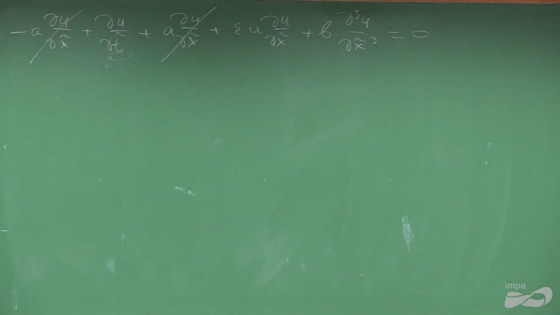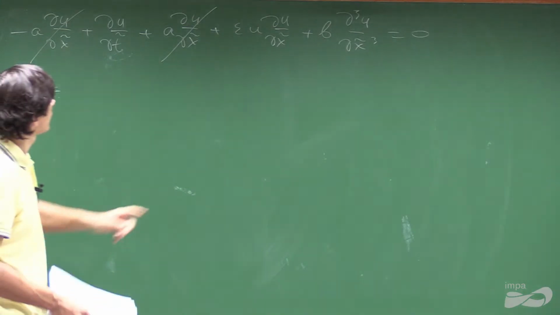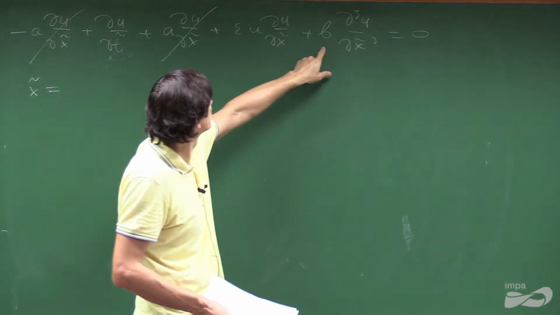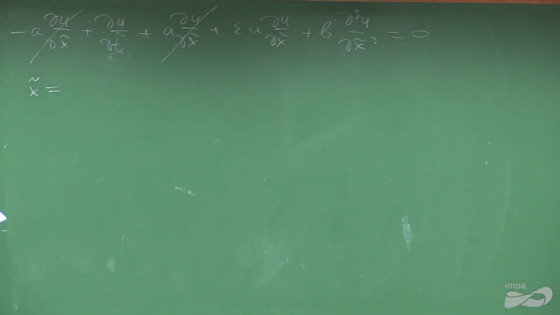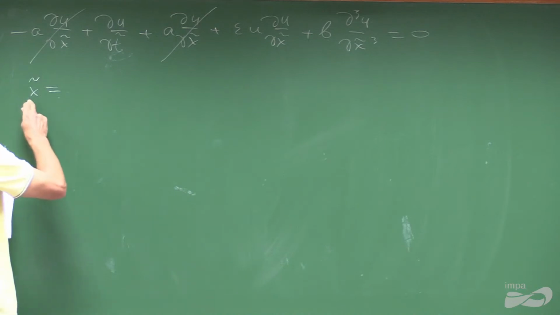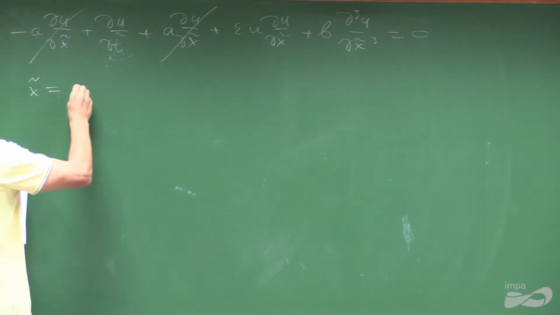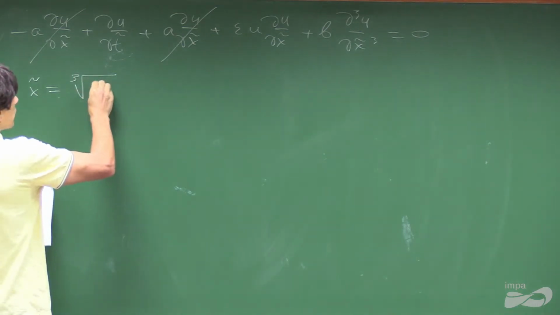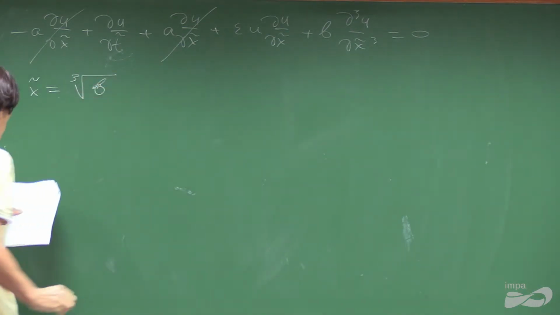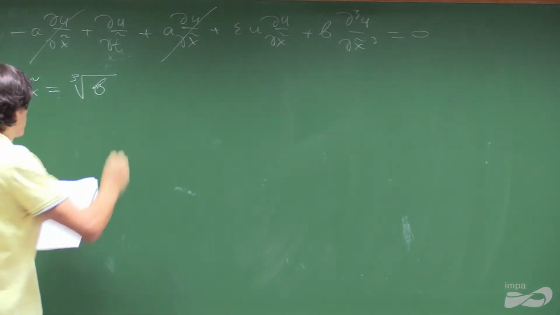So the next, what we do is that we take this x tilde, and I want now remove epsilon b. There are different ways how to do that, but one of the ways that we will consider is that we take epsilon tilde equal to the cubic root of b times psi.